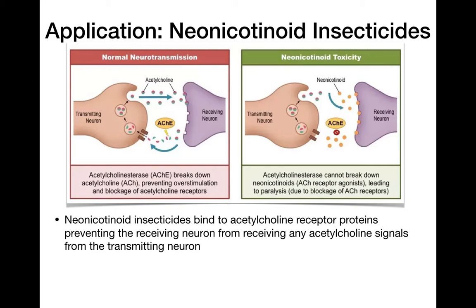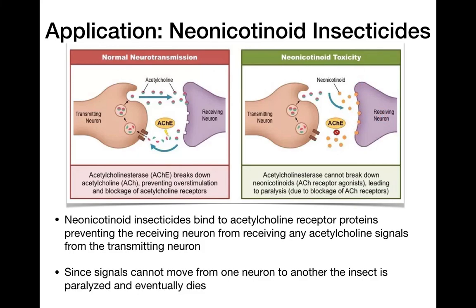Because the enzyme acetylcholinesterase cannot break it down, since it's not acetylcholine, these receptors are permanently filled, permanently sending the signal to the next neuron. So these frozen and full receptors are constantly stuck, the insect can no longer send signals to move, and it will eventually die. It's paralyzed and then dies.